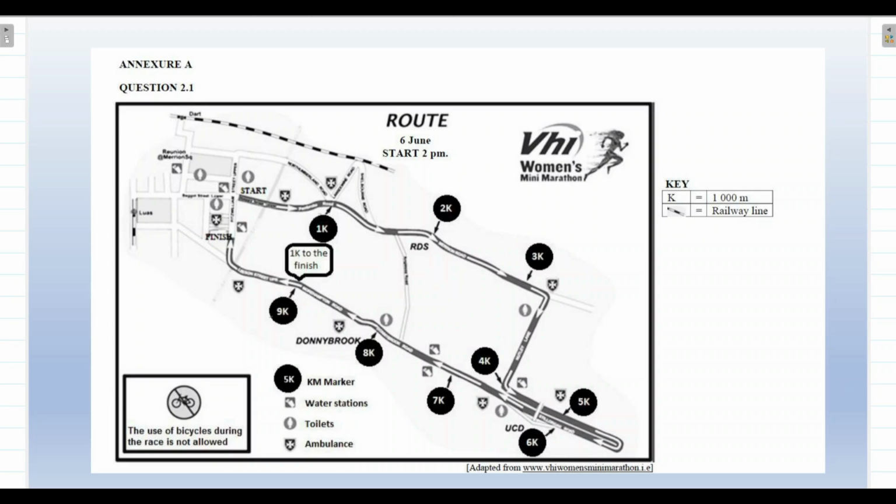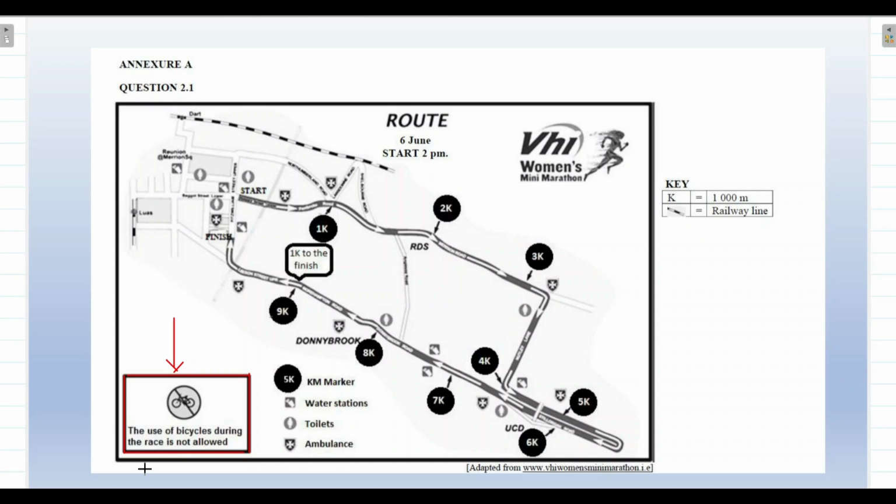And we can see that here they basically said that. So bottom left, they said the use of a bicycle during the race is not allowed. So a bicycle is a mode of transport because some people actually use bicycles to take them from point A to B. So that is a mode of transport, right?